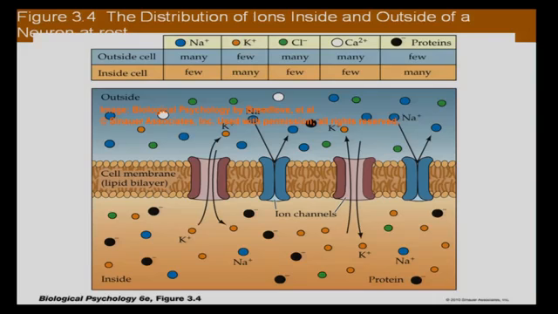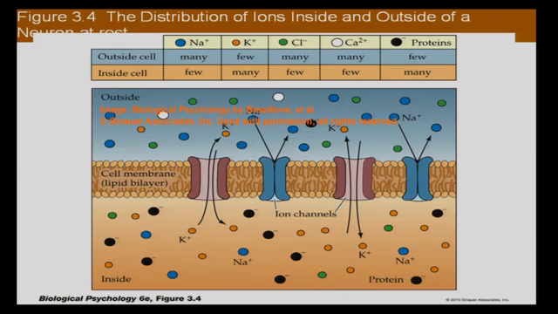Now, remember back to our cute little diagram that we talked about when we were talking about resting membrane potential, where we know that there's lots of sodium, a little bit of potassium on the outside, lots of proteins on the inside, few on the outside. And I said, oh, you don't need to worry about these chloride and calcium. Well, I lied. You do need to know about them, and here is why.